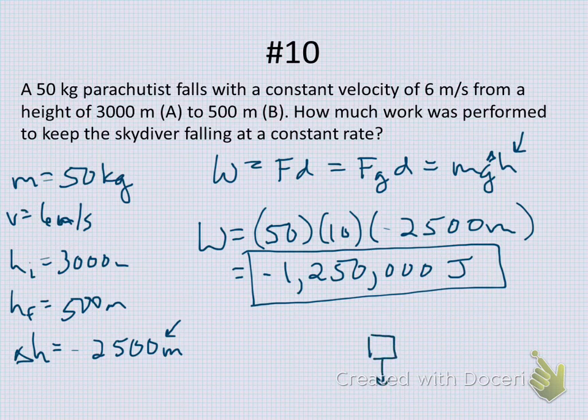If only gravity was acting on the parachutist, then the parachutist would be accelerating. But air resistance is acting opposite the direction of the parachutist's movement down, causing them to descend at a constant rate. And so that's also why our work, as it should, ends up being negative 1,250,000 joules.